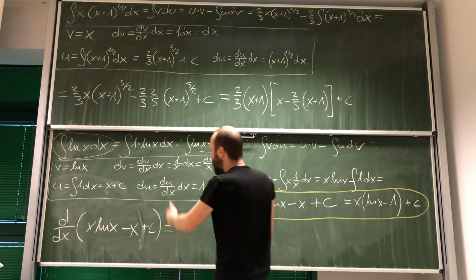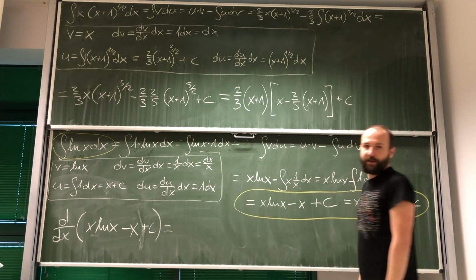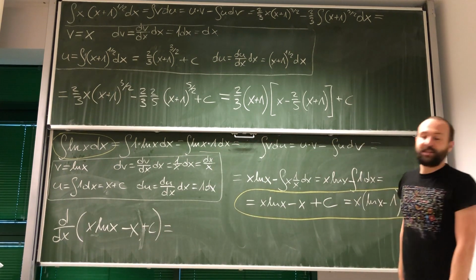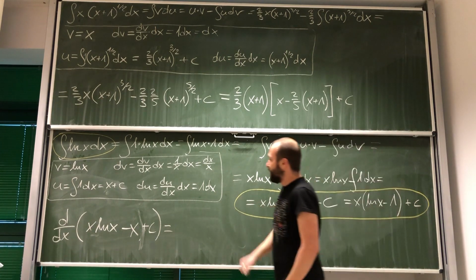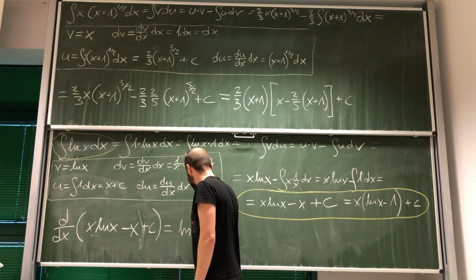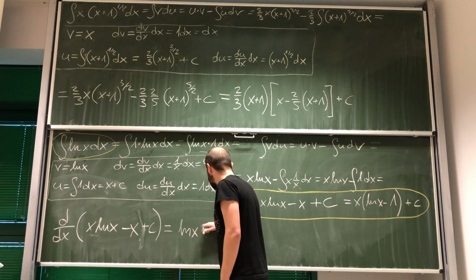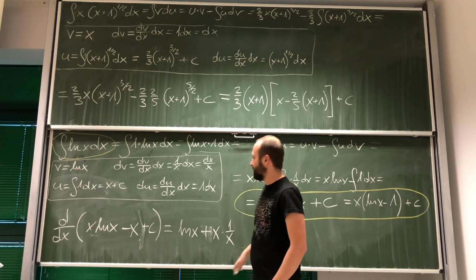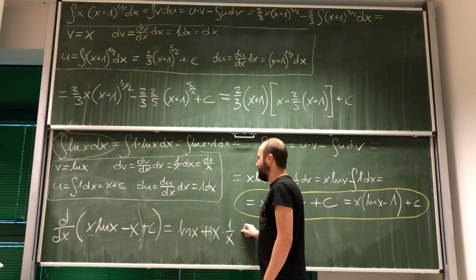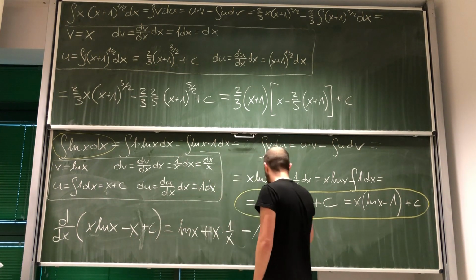Okay, so how should I do it? Well, look, the first part over here we need to deal with using the derivative of a product. So we get ln x times 1, the derivative of x, plus x times 1 over x, the derivative of ln x, minus 1, and the derivative of c is 0.